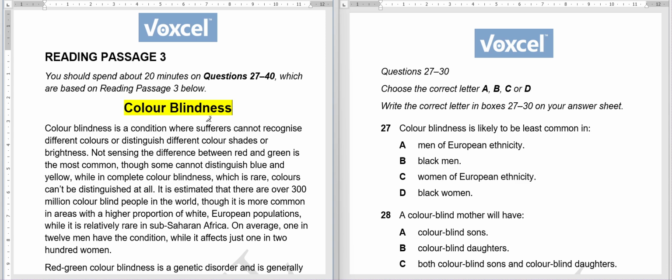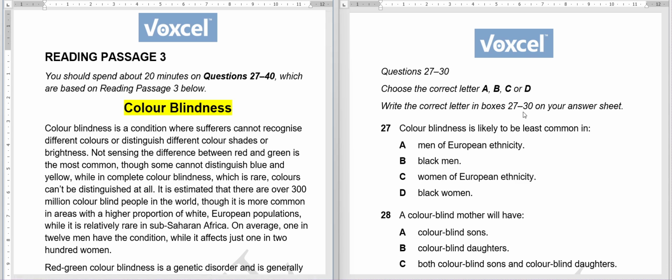For them the world is like black and white. Others may have some particular colors to which they are blind, like some people are not able to see red color or green color. So there are some people who are not able to see some particular types of color, but there are some people who are completely color blind. So this should be around some sort of that topic.